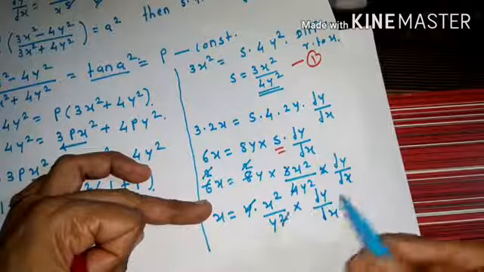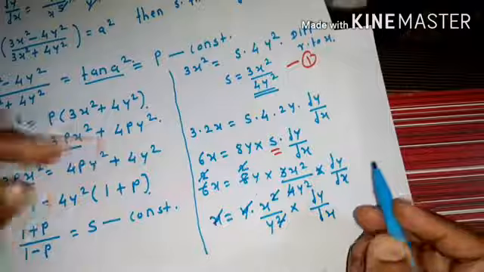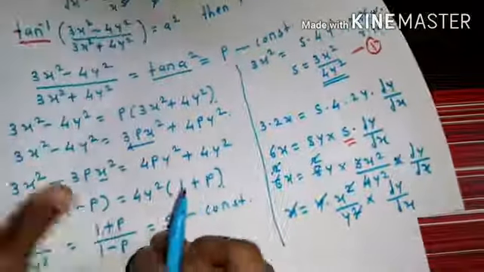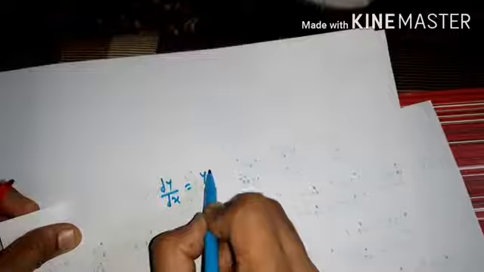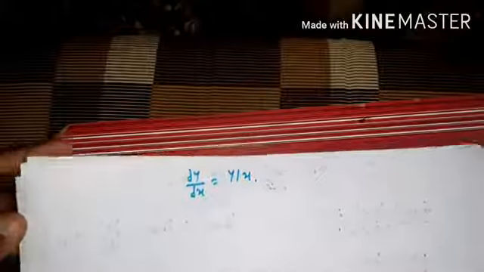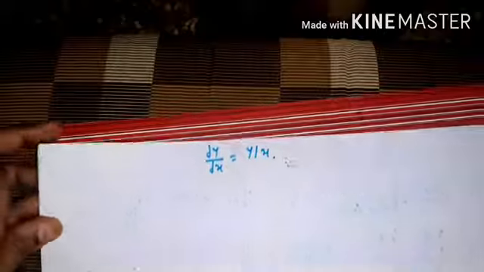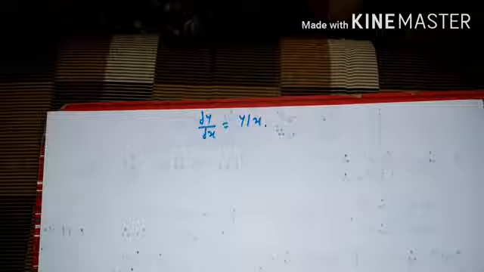This y gets cancelled, x gets cancelled, and hence dy by dx equal to y upon x. Okay students, in this way we have completed the problem.